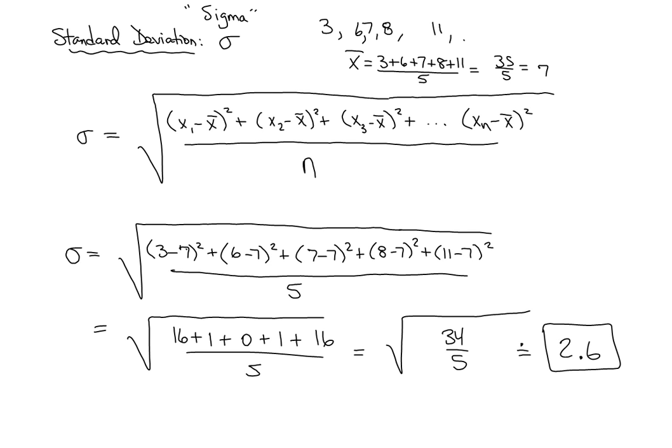Now again, we're not really going to use standard deviation for anything, but what it's used for when you take statistics, those of you that go on to stats next year, you do things like work with standard distributions. A standard distribution is a bell curve. And right in the middle of this bell curve is x bar, your mean.